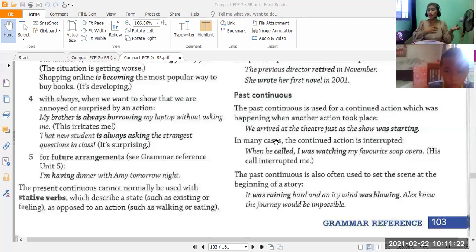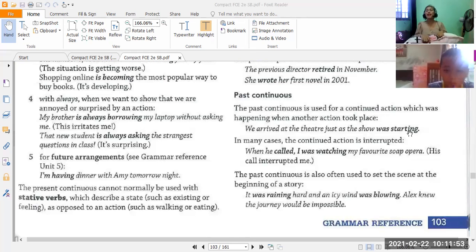Teacher, what makes it past continuous? The thing that makes it past continuous is the ing in the verb. Can you see the ing? Yes, very good, I see ing, starting.